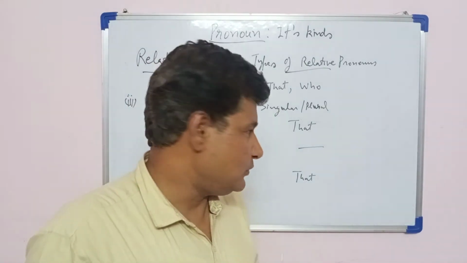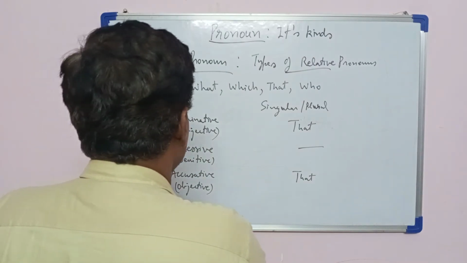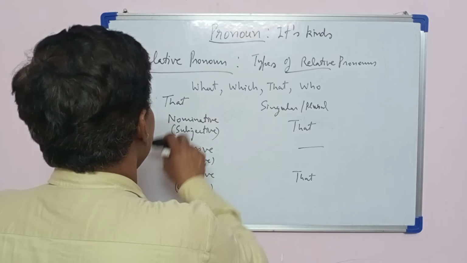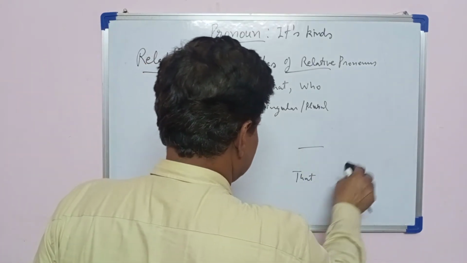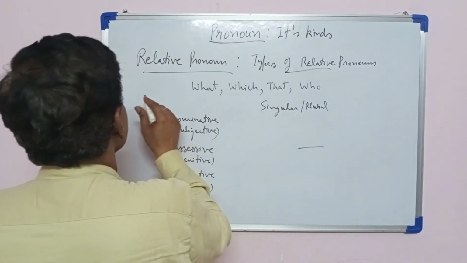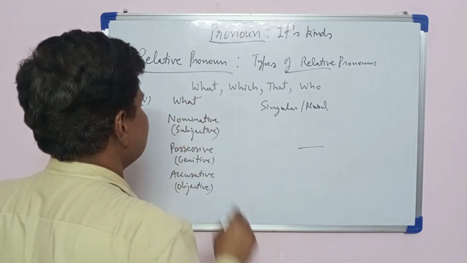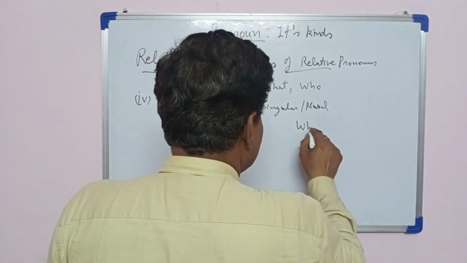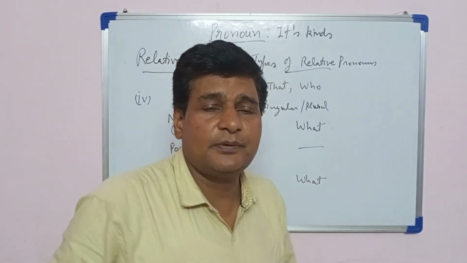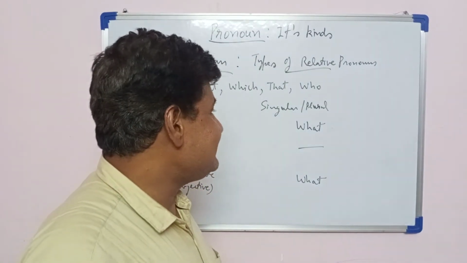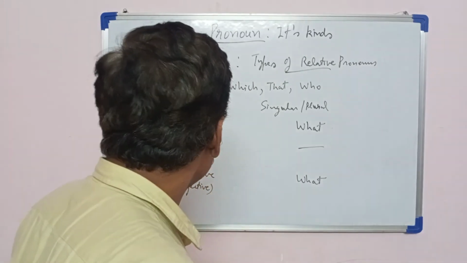It has the same form, okay. Now what? This is the last one. It also has the same form in accusative and nominative, and there is no possessive of what. Now we will understand some examples of what and that.